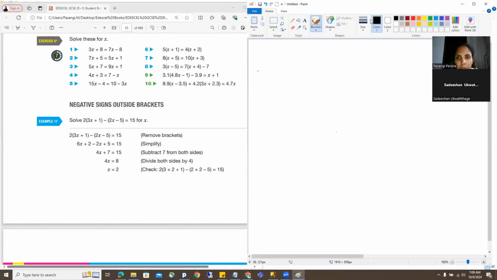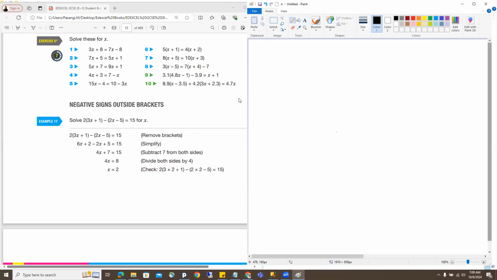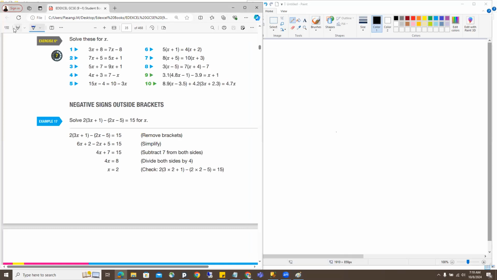Now, today we are going to do about the same unit, but we are going to learn a little bit further. So today we will be talking about negative signs outside brackets. So there we have a question, example 17.